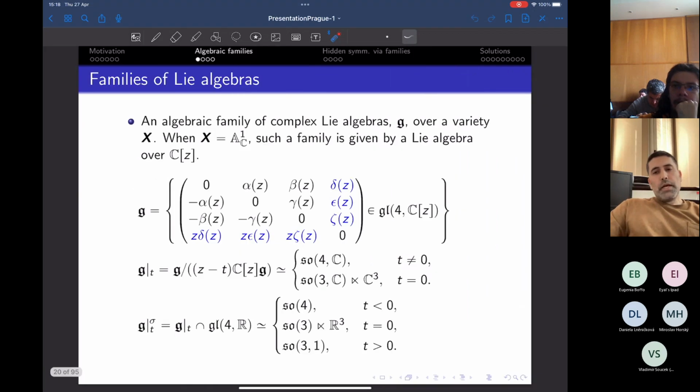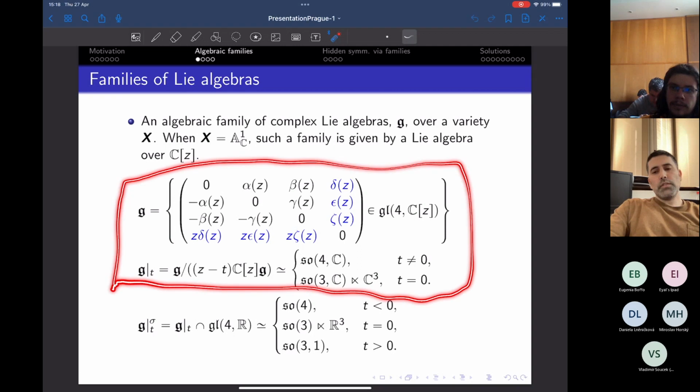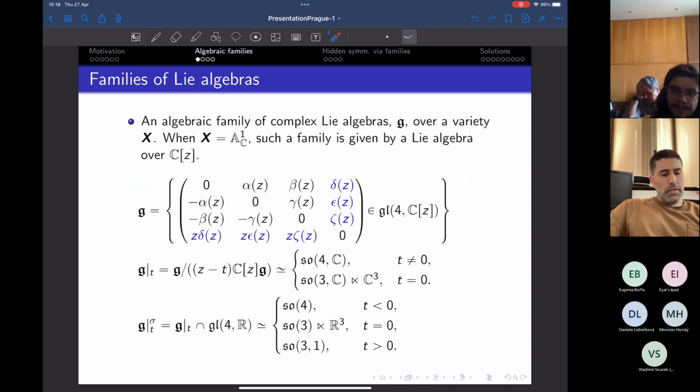For complex Lie algebras you have the notion of an anti-holomorphic involution, something like complex conjugation giving a corresponding real form, and there is a good notion of this for families of complex Lie algebras.